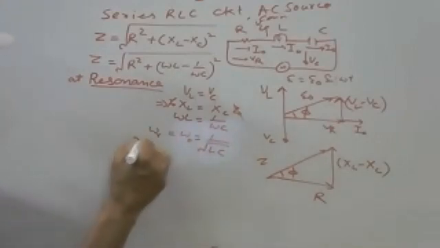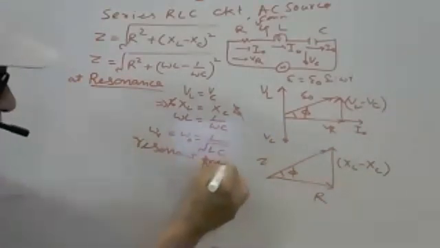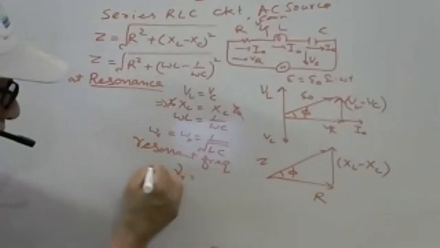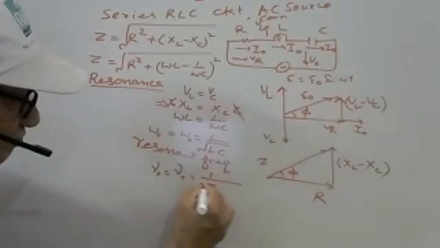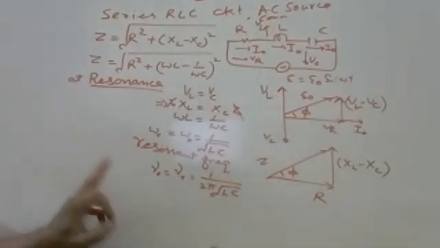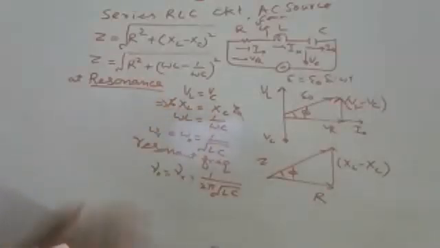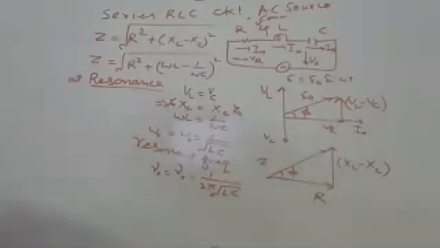It is called resonant frequency. Or in terms of nu, we can write nu naught or nu R is 1 upon 2 pi root LC. So at resonant frequency, these two voltages across L and C, XL and XC, both are equal.